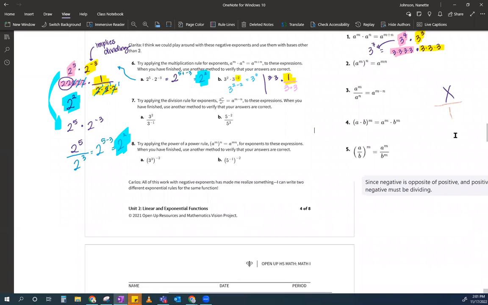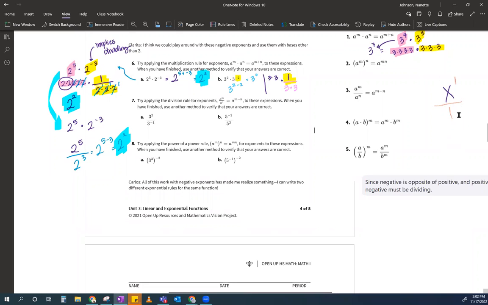How many X's do you have right here? Good. There's 1 X. Where does that 1 go? Yeah, so someone says, Miss Johnson, X to the first. That's another 1. It's invisible.